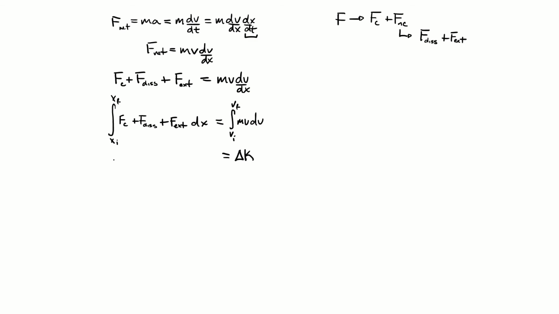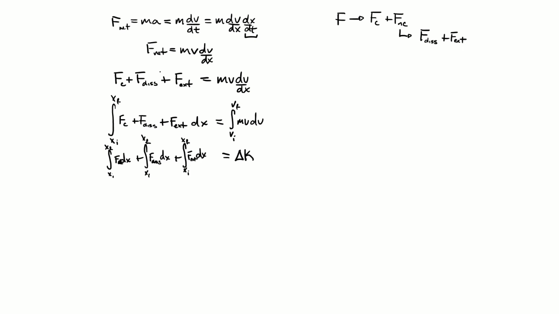And if we split this up into three integrals, we have an integral from x initial to x final of Fc dx, plus an integral from x initial to x final of F dissipative dx, plus the integral of F external dx from x initial to x final. And we've defined each one of these terms, right?